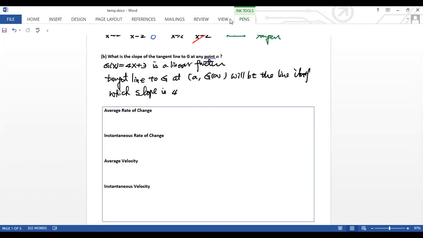So the average rate of change is very similar to what we did before.